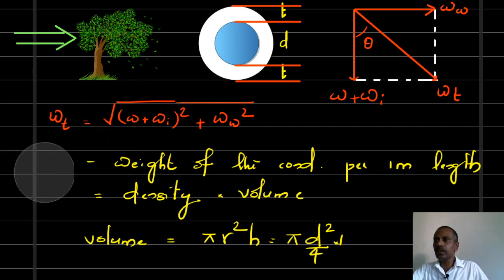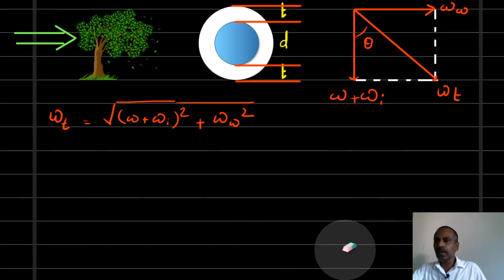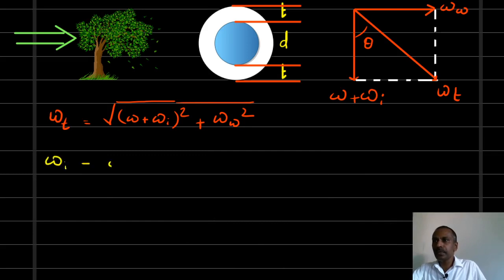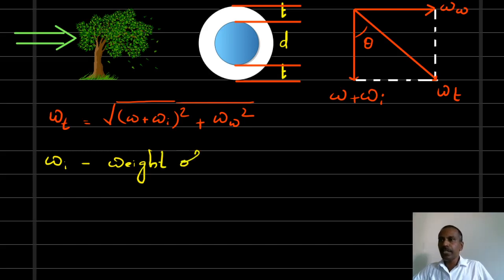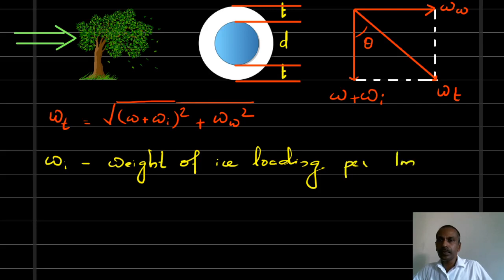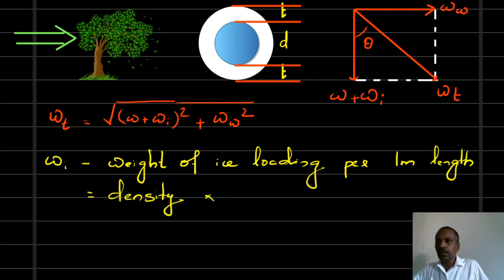Now we need to find out the weight due to ice coating. Wi is the weight of ice loading per meter length, which is equal to the density of ice into the volume of ice per meter length.